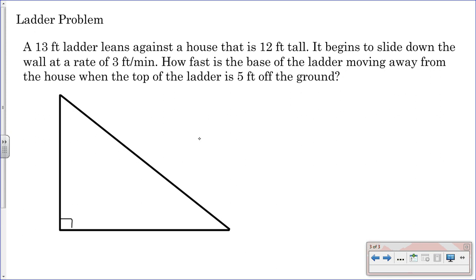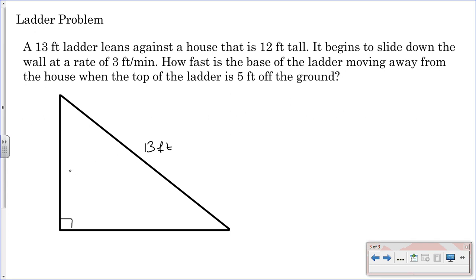All right, and we know that the ladder is 13 feet tall. So this is always going to be 13 feet. We know that the ladder is moving down the wall at a rate of 3 feet per minute.